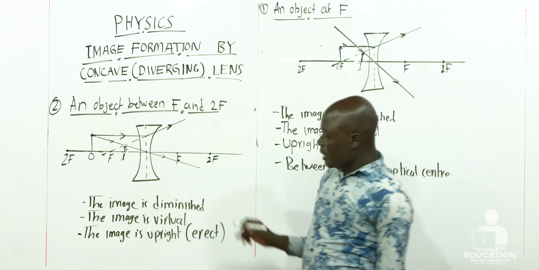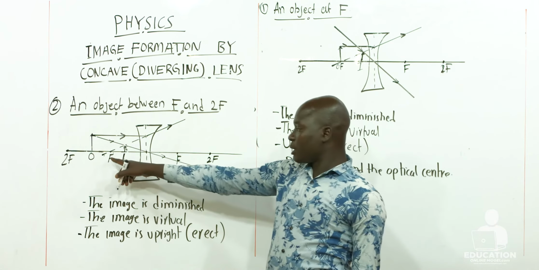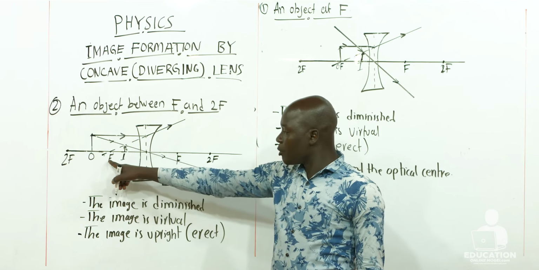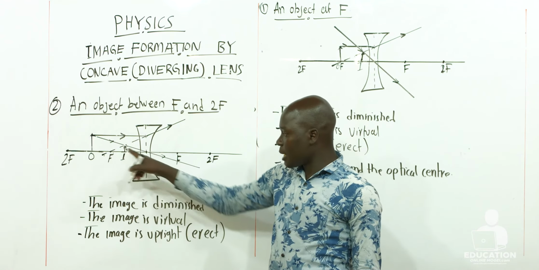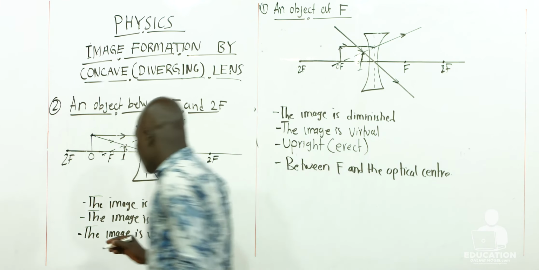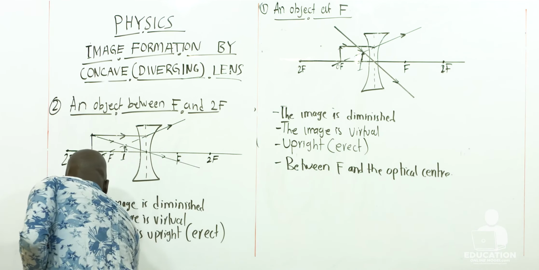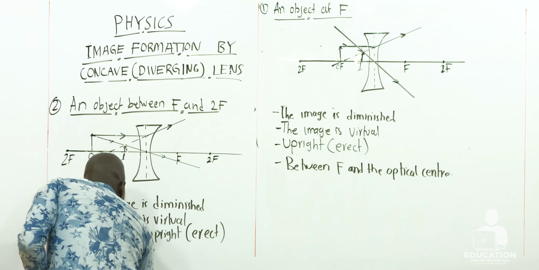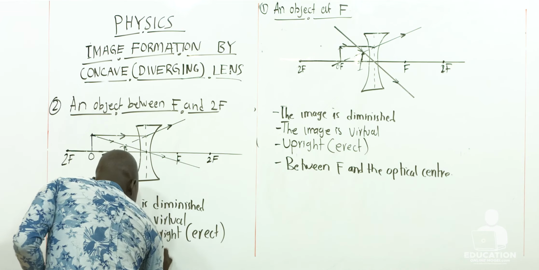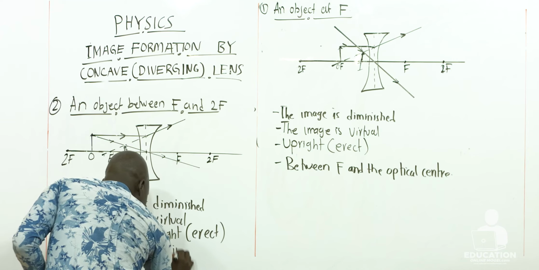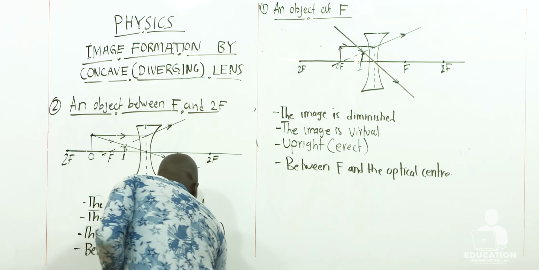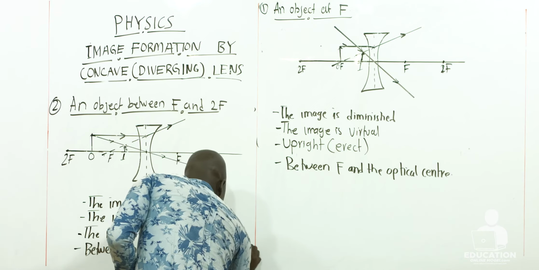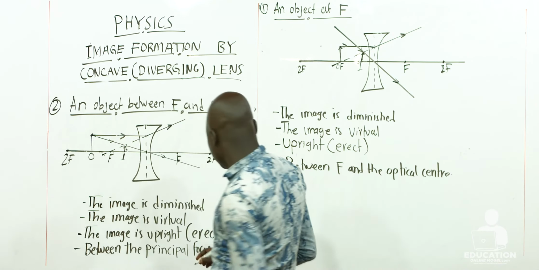Then the next characteristic is that when we look at the position where the image is formed, we shall find that the image is formed between the principal focus and the optical center. So we can say the image is between the principal focus and the optical center.